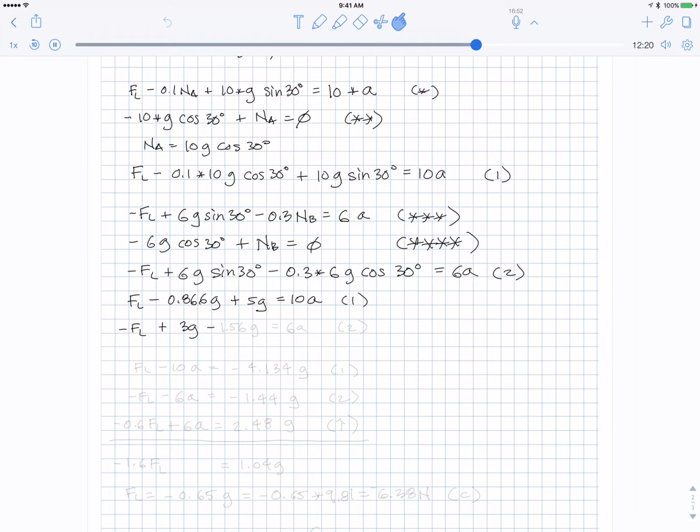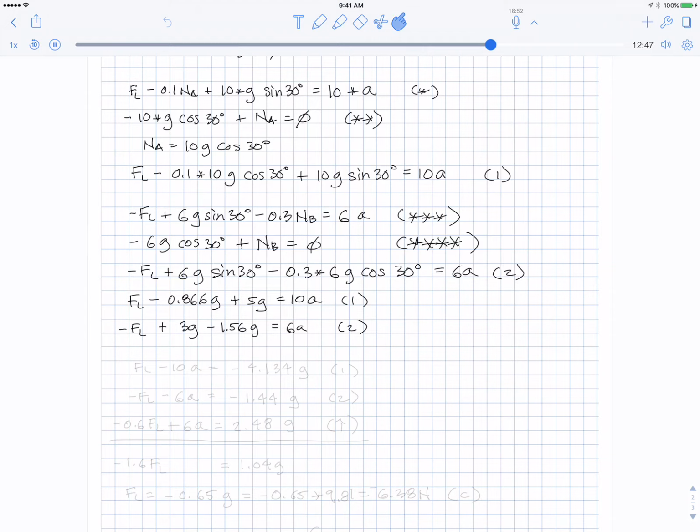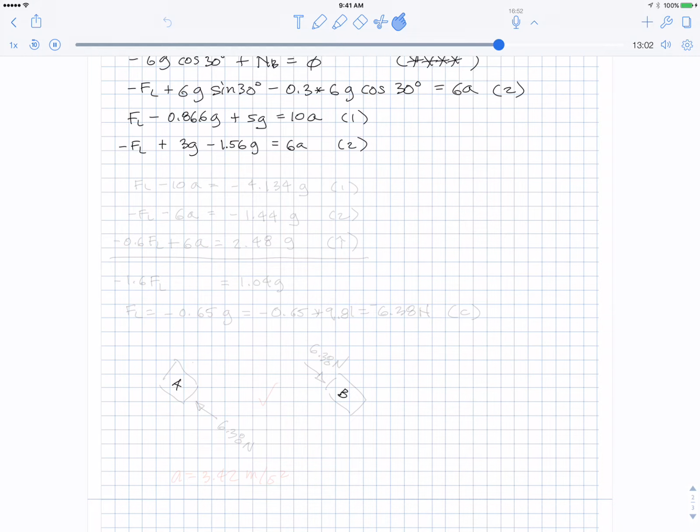And then minus 0.3 times 6 times cosine of 30, that comes out to 1.56, and that will equal 6A. That's equation 2. Let me double check that 0.3 times 6 times cosine 30. Yes, 1.56.